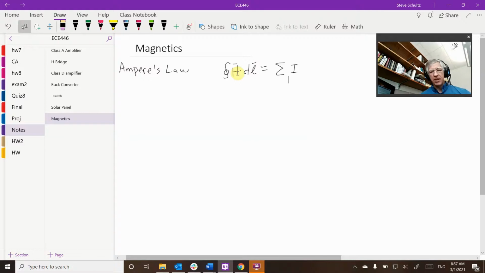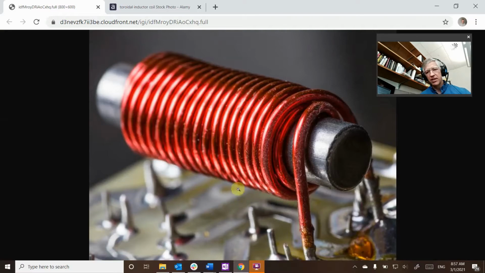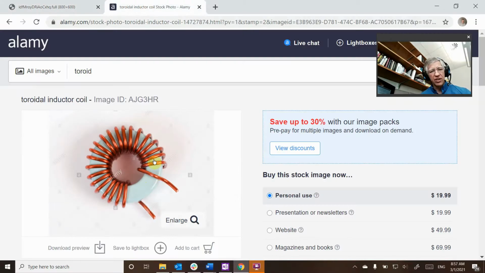So typically to do this, we always start with nice uniform geometries. The two geometries that we end up using are, here is a solenoid. Basically it has just these wrappings around either air or some magnetic bar. And then we have a toroid, which is again the wrappings of the wire around some cylinder like this.